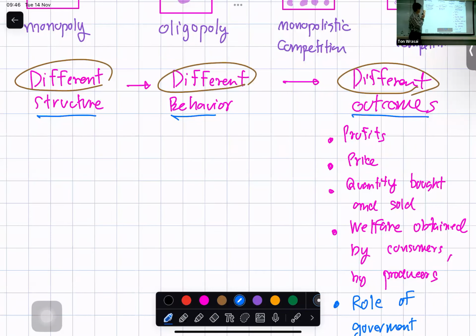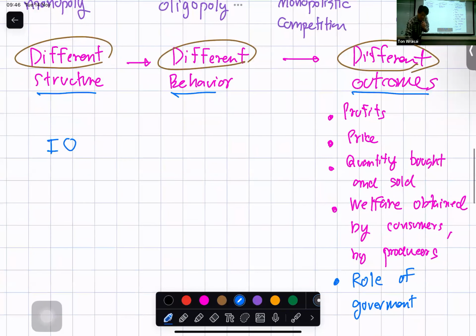In the literature, if you study industrial organization, IO, not the intelligent operation, IO in economics, we call this framework SCP. Structures lead to conduct.